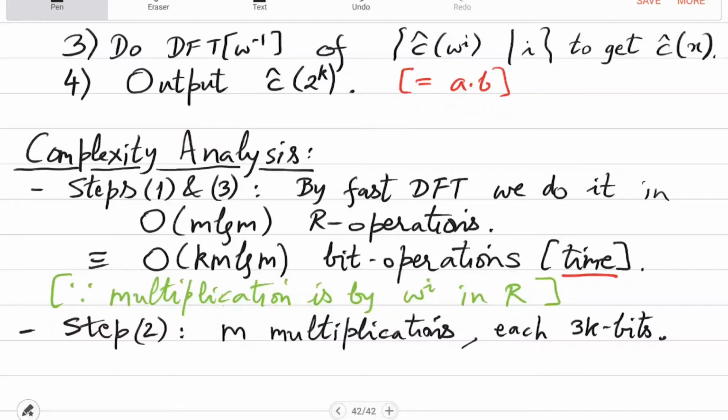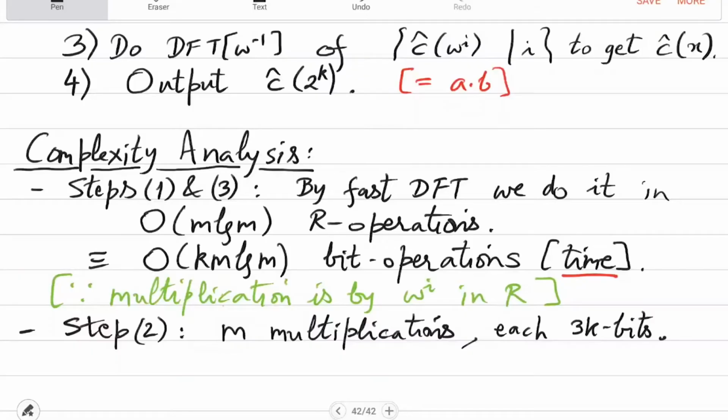These are clearly smaller integers than L bits. 3k is around square root L, so this is much smaller than the original instance. So it is fair to say that I will do each of these multiplications recursively by using fast integer multiplication itself. So the recurrence will be, let's do it on the next slide.